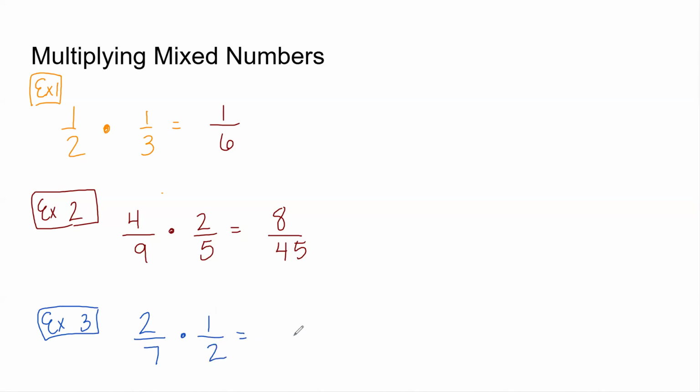That should work. Go right across the top, so that would be 2. Right across the bottom, that would be 14. Now, those are both even. So even though that is a correct answer, it's not the best answer. Let's reduce or simplify by dividing by 2, which is 1, dividing by 2, which is 7. That would be the best answer there. And that's all you do.